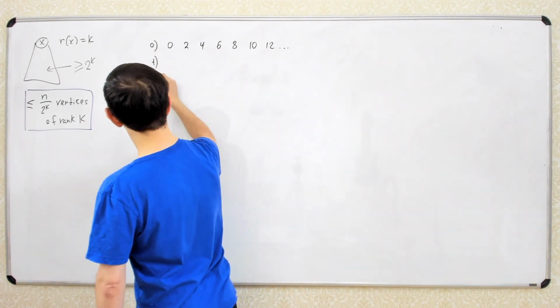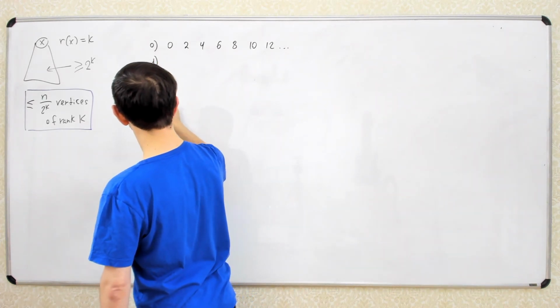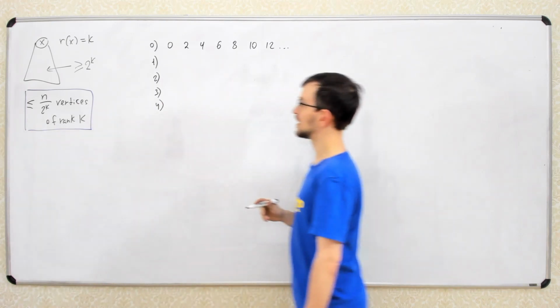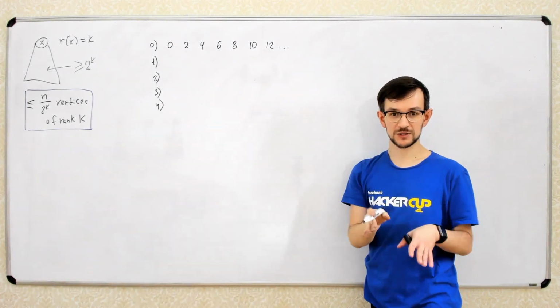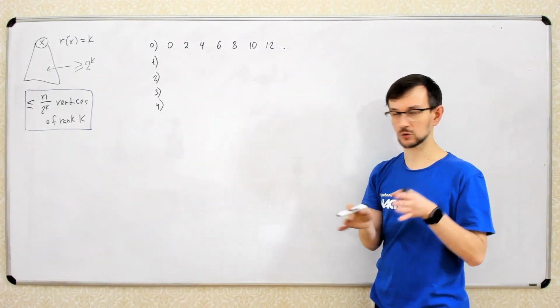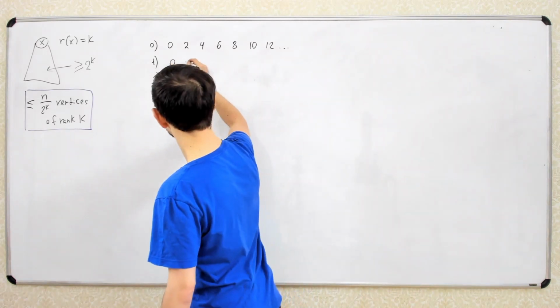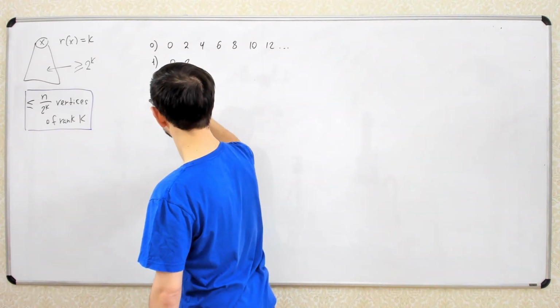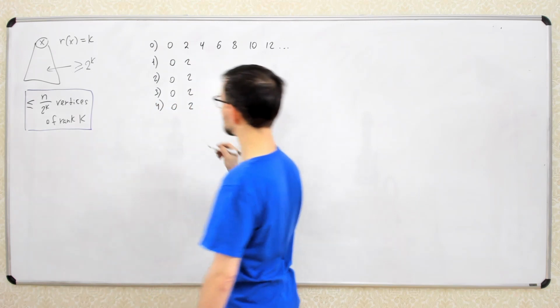Now every next sequence will start with 0 and 2. So here I have 0, 2, 0, 2, 0, 2, 0 and 2.